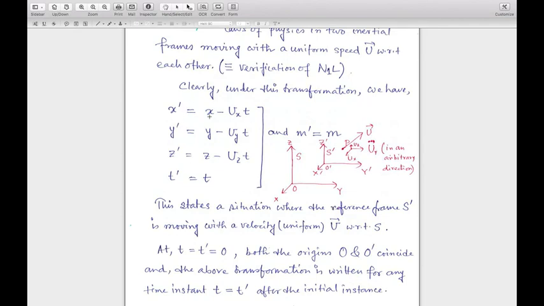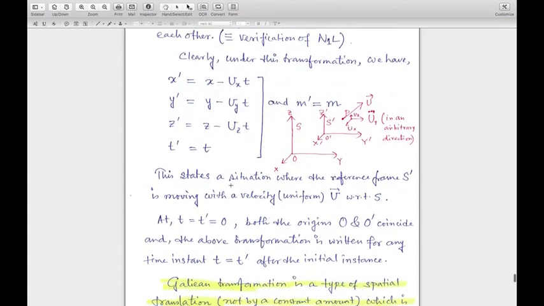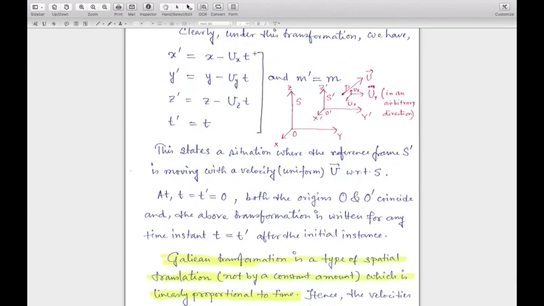So x prime will be equal to x minus u_x t, y prime will be y minus u_y t, z prime will be z minus u_z t, and t prime will simply be t, because the motion would not change time in the non-relativistic case, right? All the u_x, u_y and u_z are constant because the speed is uniform.